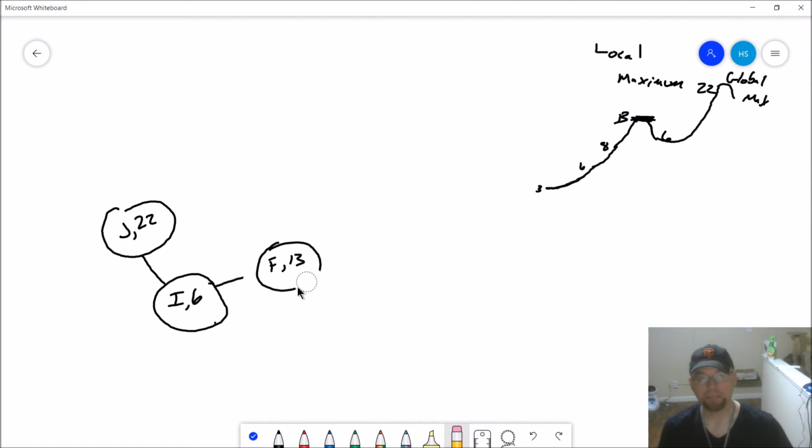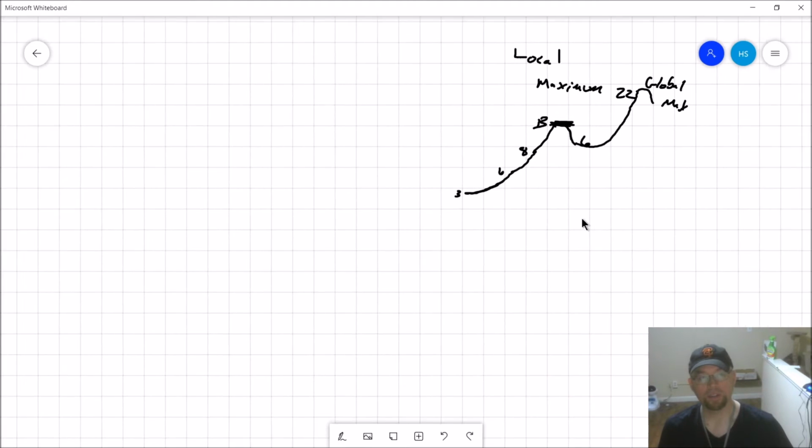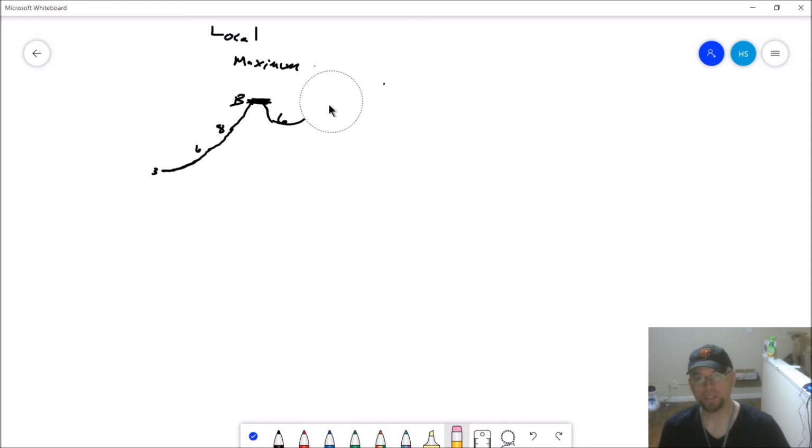Now let us say, I drew myself out of space. So let me delete our landscape so I can show you what a shoulder could look like.